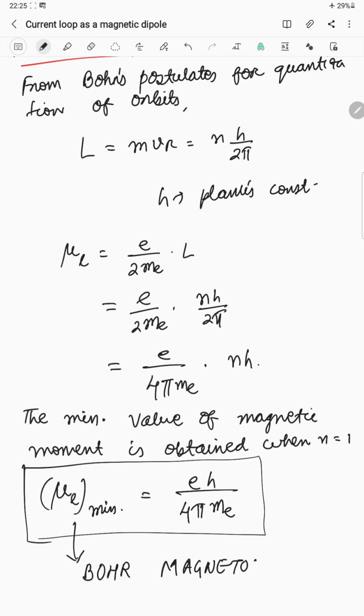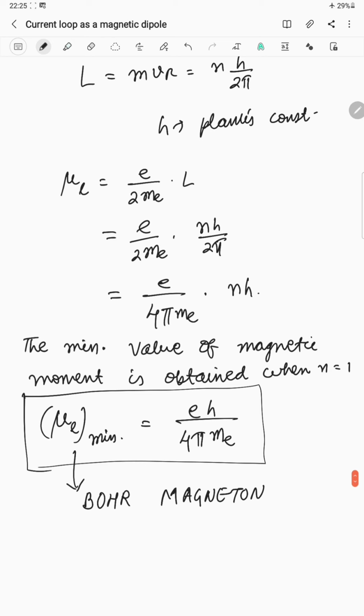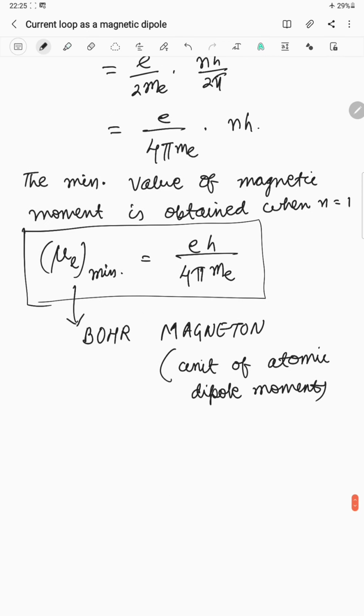Okay, and Bohr magneton is basically the unit of atomic dipole moment. Now let us see what its value is. Let me put in all the values, e, h, 4 pi, me, everything.